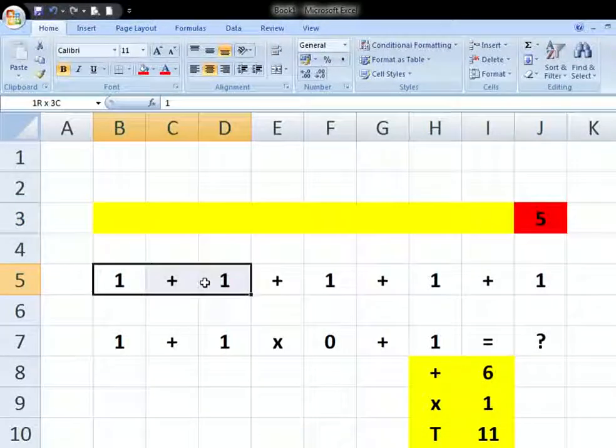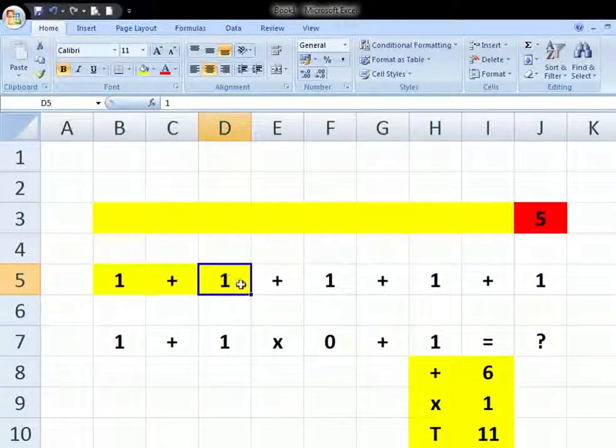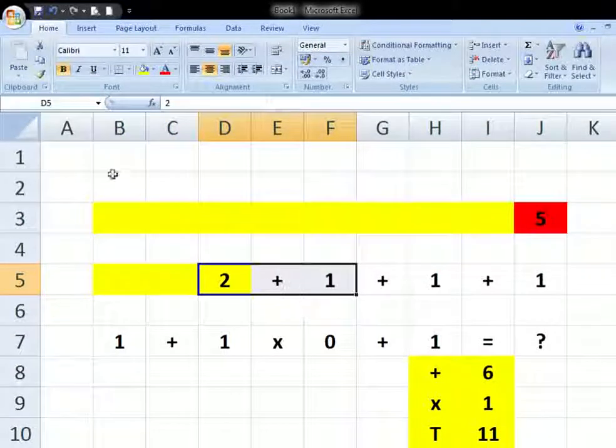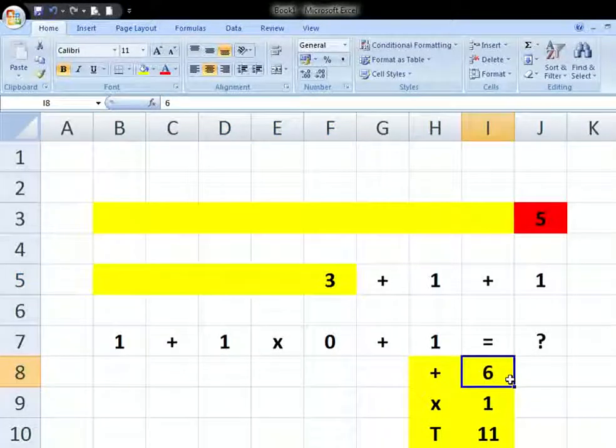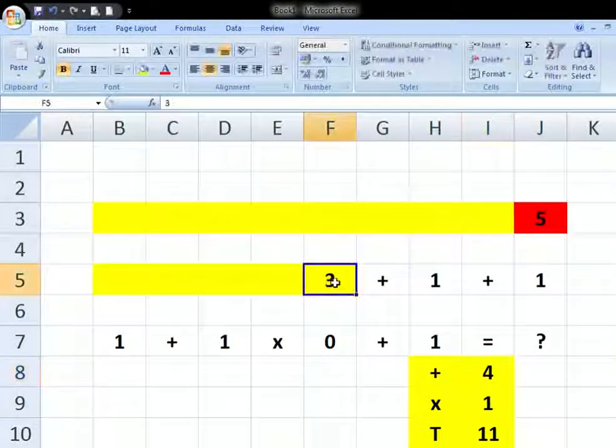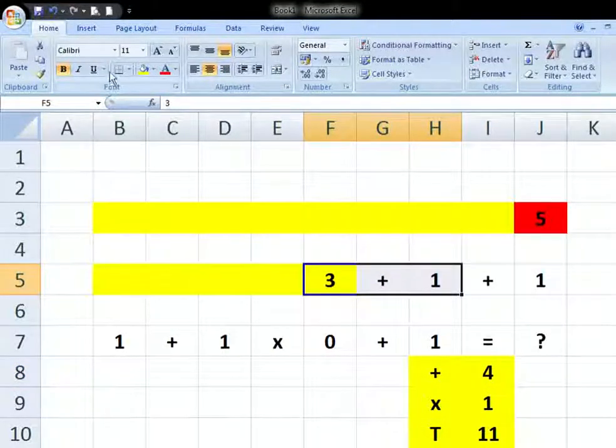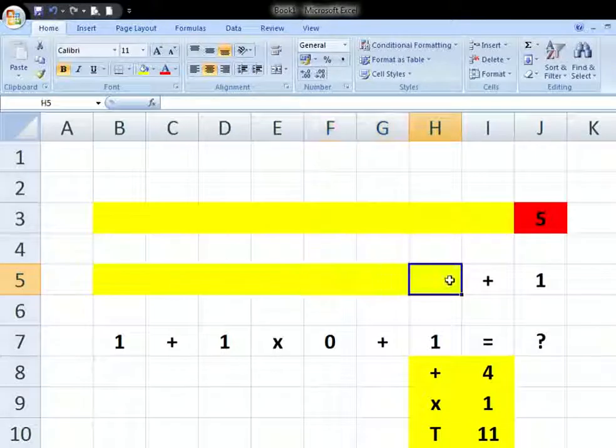Let's do this part, and this is 1 plus 1, 2. 2 plus 1, that's 3. Oh wait, I've used up 2 more signs, so 4 remain. 3 plus 1, that's 4, delete 4.